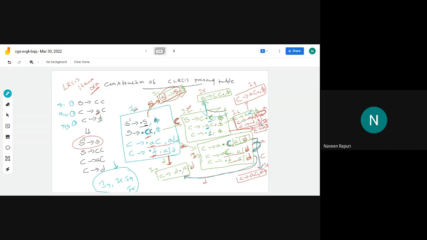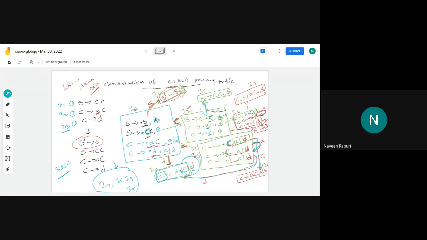Suppose if we see I4, that is C derives d dot, that is R3. Where do we place R3? Where the look ahead symbols exist. Here the look ahead symbols are small a, small d. In SLR1, we need to find the follow of C and replace all the terminals of the follow of C with R3.